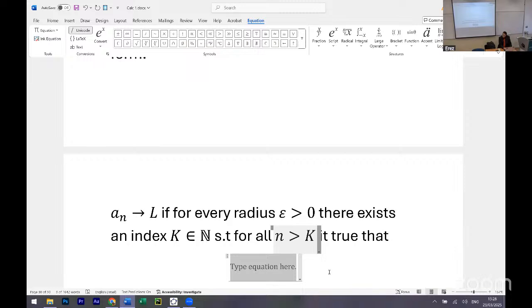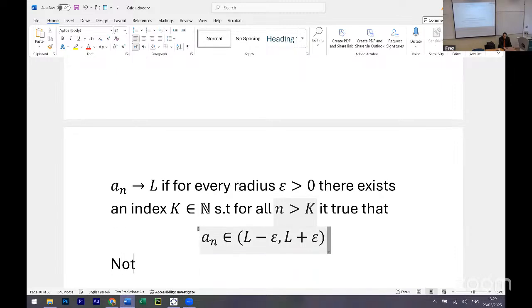Yes, correct. There are two ways to go about it, but I'll write a_n is in the area. What is the left side of the area? L minus epsilon, and the right side of the area? L plus epsilon, perfect. That's the definition of a limit.